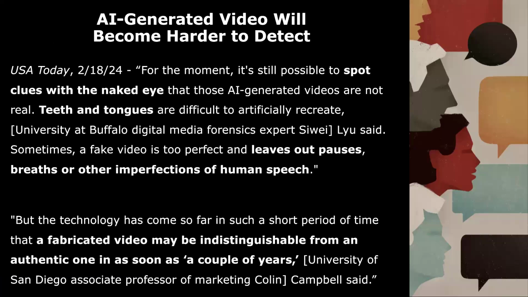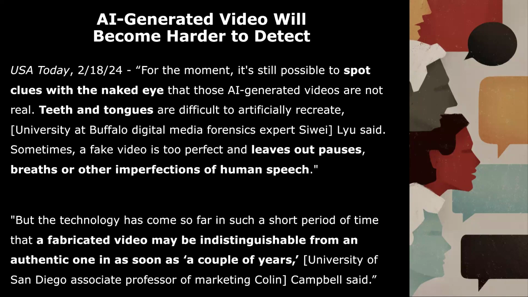A February 18, 2024 article from USA Today indicated that AI-generated video will also become more difficult to detect over time, remarking that, quote, "For the moment, it's still possible to spot clues with the naked eye that those AI-generated videos are not real. Teeth and tongues are difficult to artificially recreate," University of Buffalo digital media forensics expert C.Y. Liu said.